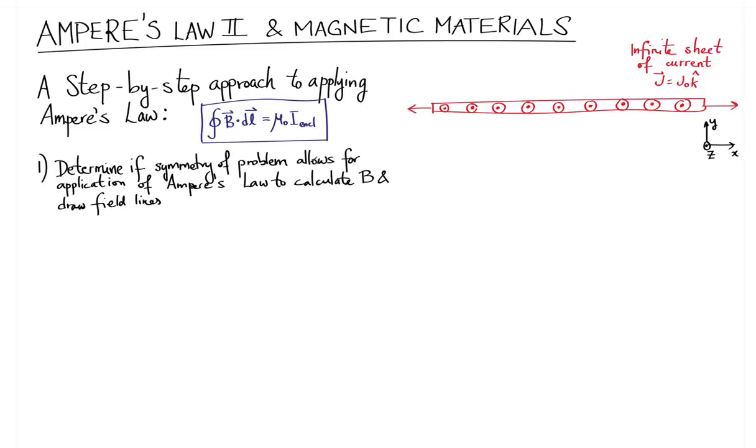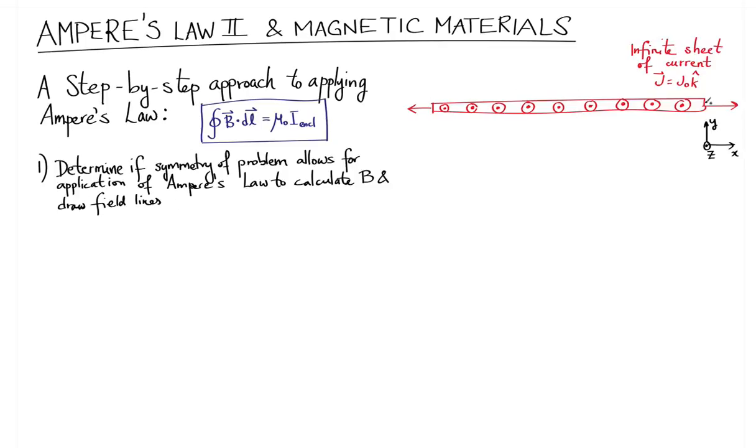So it turns out that this relationship is always true, but it only actually helps us solve for the magnetic field in specific circumstances. So if you're encountering some problem, the first thing to do is to figure out whether or not the symmetry of the problem actually allows for employing Ampere's law to get your magnetic field easily. Okay, so that's the first thing to do.